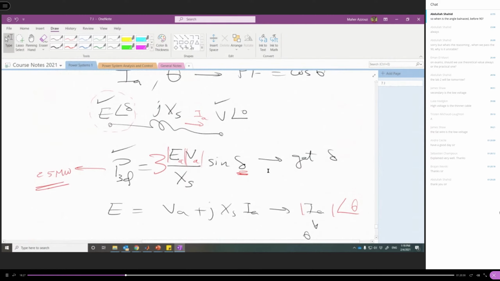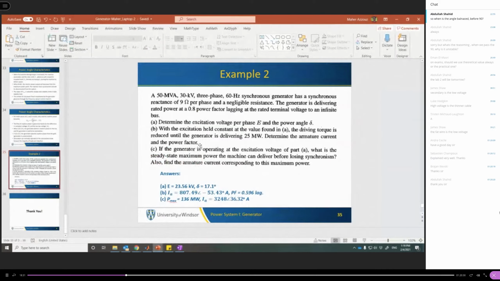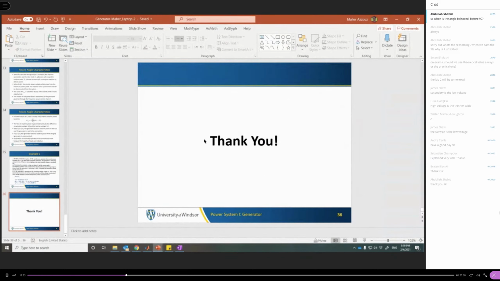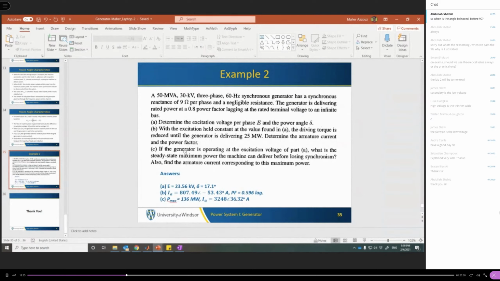This is where we stopped last time. Now let's solve the last part, which is part C. If the generator is operating at the excitation voltage of part B, so now we know this means the magnitude of E remains constant, just the magnitude.